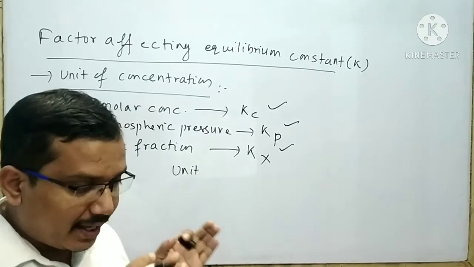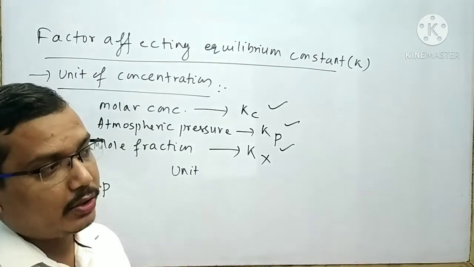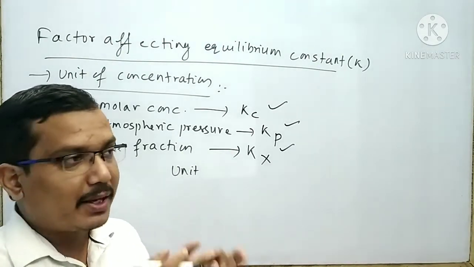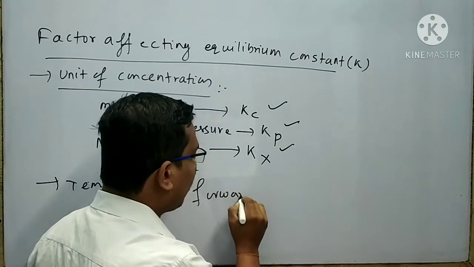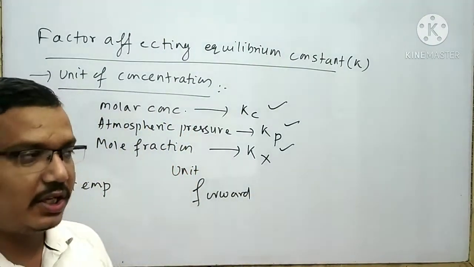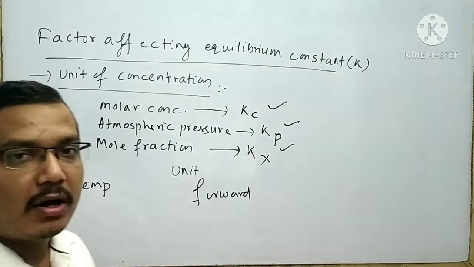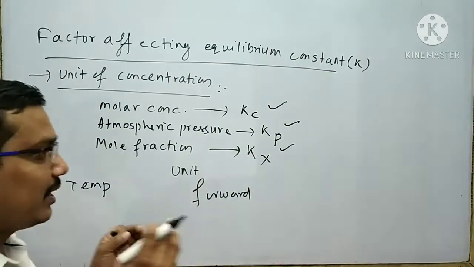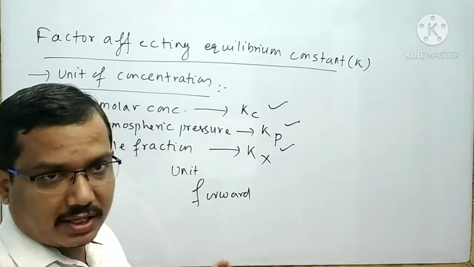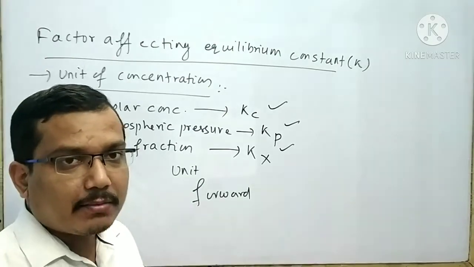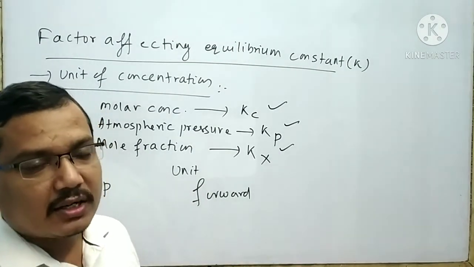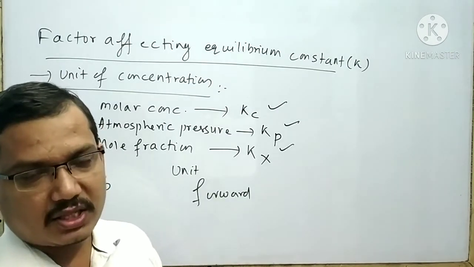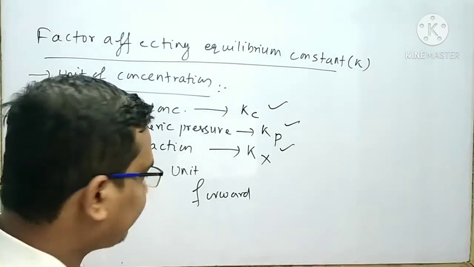That means by the help of temperature, we cannot predict whether the reaction proceeds in the forward direction, the backward direction, or is at equilibrium. We generally think that the K value changes with the change of temperature.